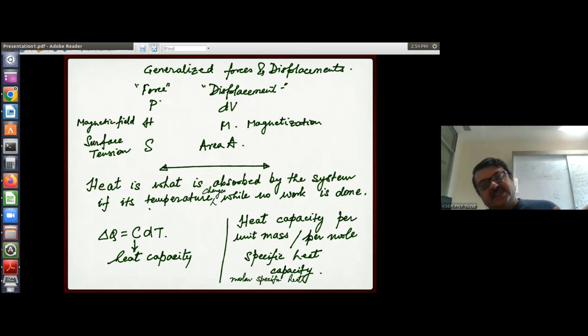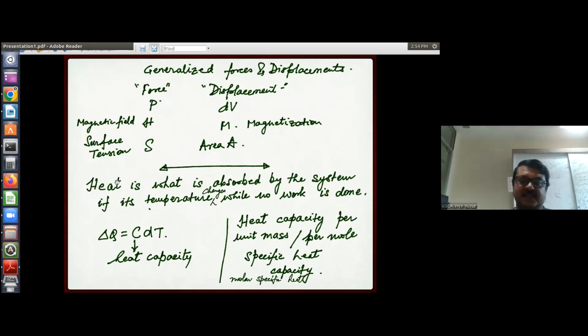So what is heat? Heat, I already told, is energy in transport, energy in flow. But the proper technical thermodynamic definition is that heat is whatever is absorbed by the system if its temperature changes while no work is done. So there's no work, but the temperature changes. So some energy is absorbed, and that's heat, energy in transfer, right?